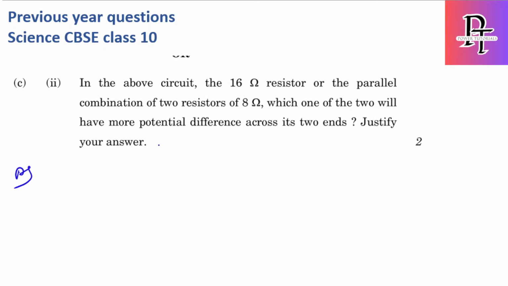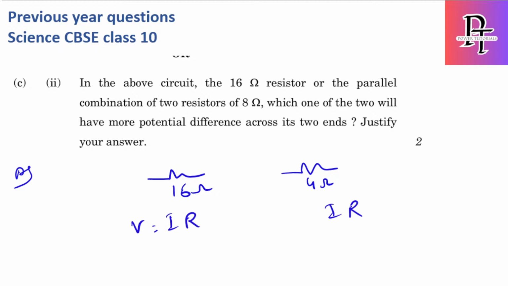In the above circuit, between the 16 ohm resistor and the parallel combination of 2 resistors, which has more potential difference? We have one which is 16 ohms, and the parallel combination of 2, 8, which we also got, the answer is 4 ohms. Among these, which has more potential? The formula is V equals I into R. The current is common for both because those 2 are in series, so simply V is proportional to R here.